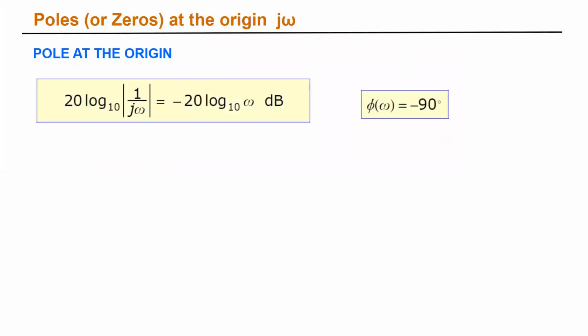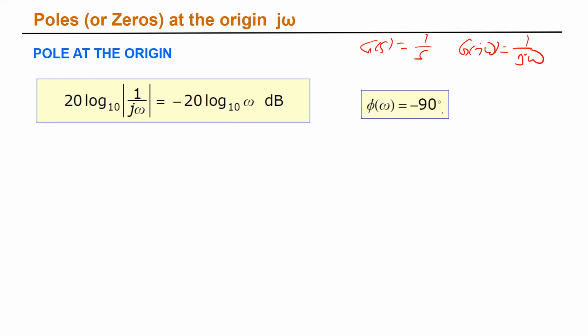Now, let's move to a pole at the origin. That's basically g of s equal 1 over s, which is g of j omega equal 1 over j omega. Take 20 log of that one. Putting the denominator in the numerator, it's going to be minus 20 log omega.